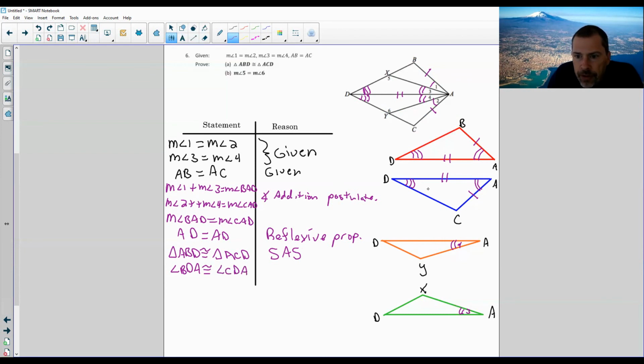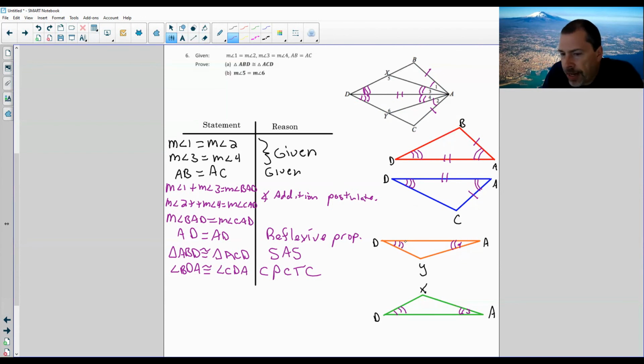How do I know that? These two triangles are congruent by side, angle, side. An angle in a congruent triangle is congruent to its corresponding angle in the other congruent triangle. That is, corresponding parts of congruent triangles are congruent.